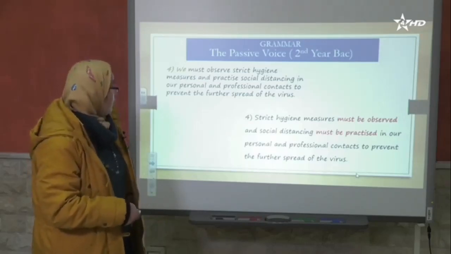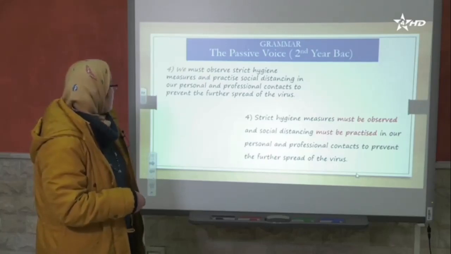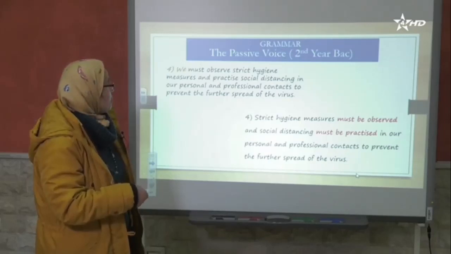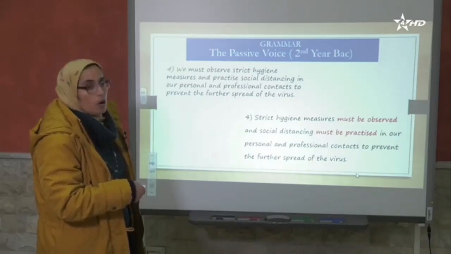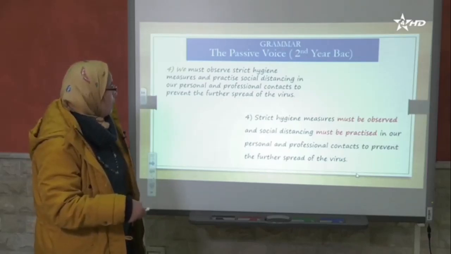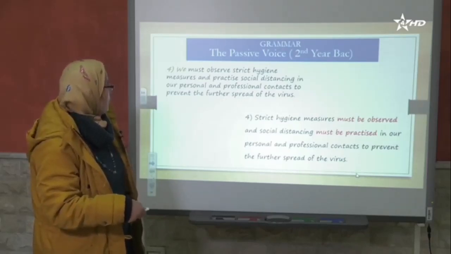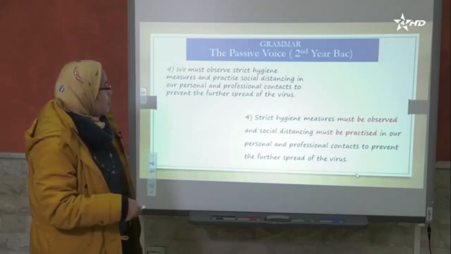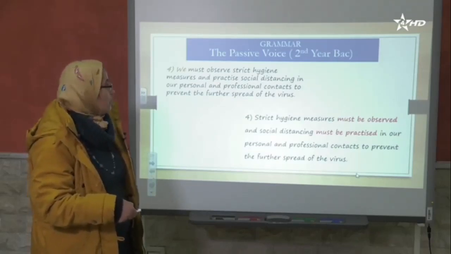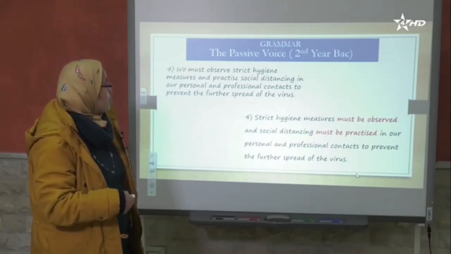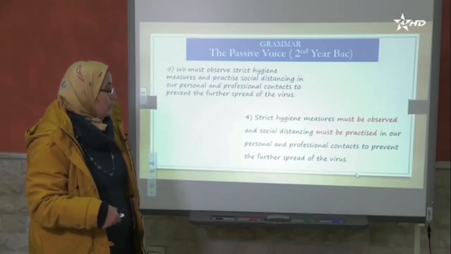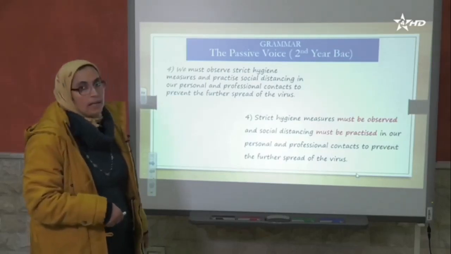Again, look here at strict hygiene measures, which takes here the place of the object, is placed in the place of the subject, plus must be. Here we have must be. So modal plus to be. We insert to be here, plus what? Must observe, must be observed in the past participle. The same with must be practiced.